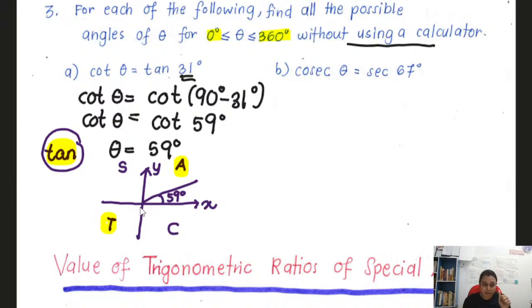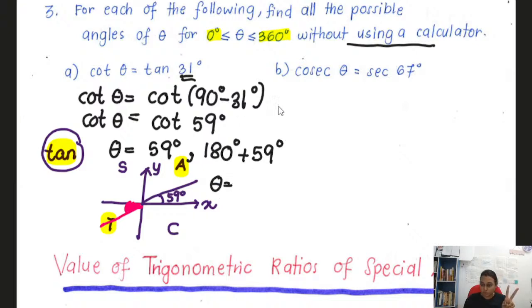So, we must find here how much. The third quadrant, ingat lagi tak? What is the formula? 180 plus 59.